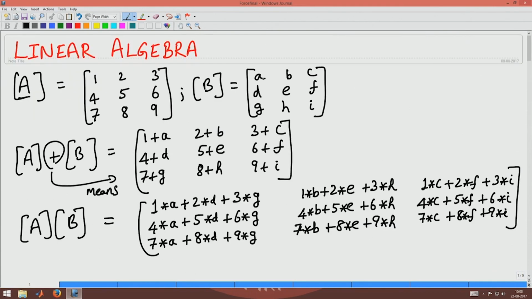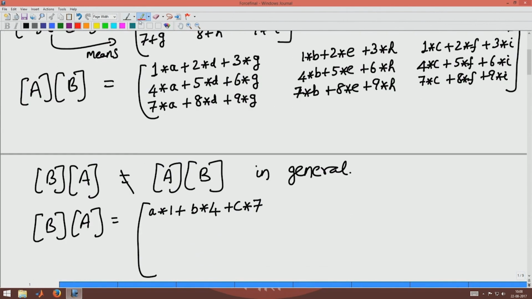When I multiply the rows of B with the columns of A, that is what I will have, in contrast to what you had for A times B. You can see the difference between A times B and B times A here. So, A multiplied by B is not same as B multiplied by A. I leave this as an exercise for you to complete what the entries of these are going to be.